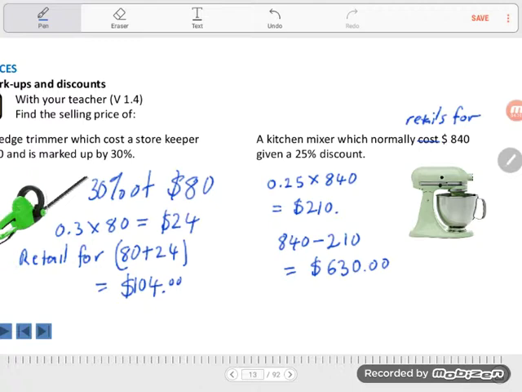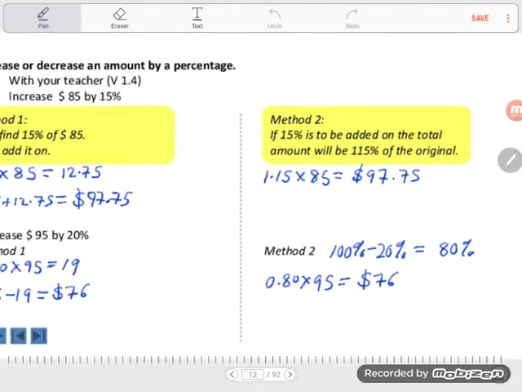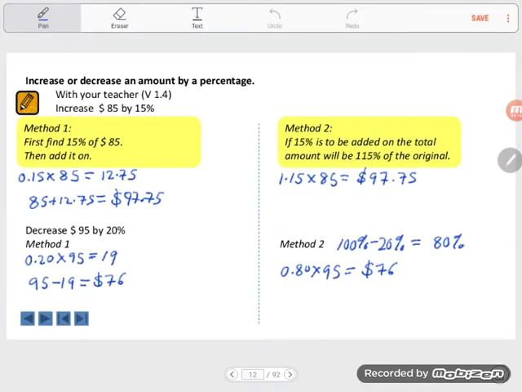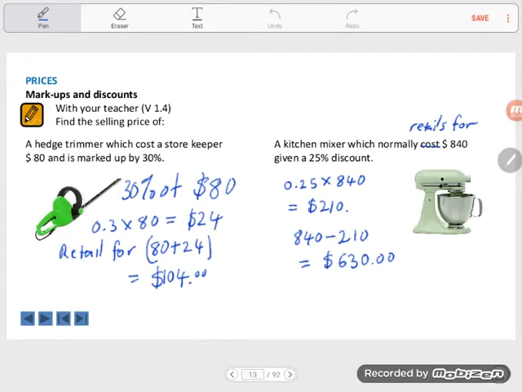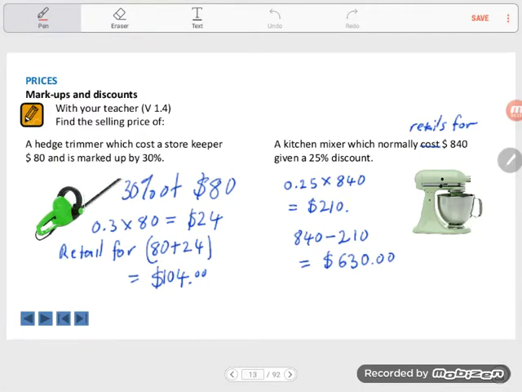Now, of course, we could use the same method, the quick method 2 on these. Okay, so method 2 where we increase and decrease. So rather than multiplying by 0.3 and adding that on, method 2, which would be quite quick, would be just to take this $80 and multiply it by 1.3, and that would also give us $104.